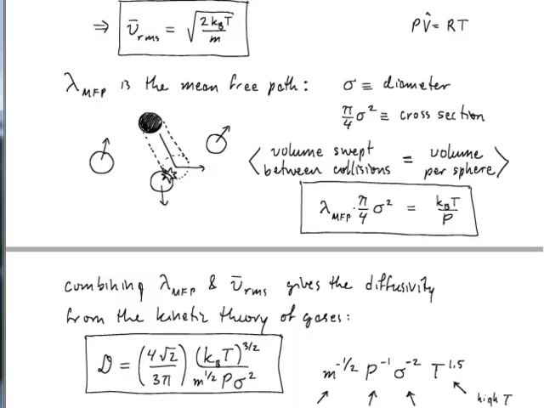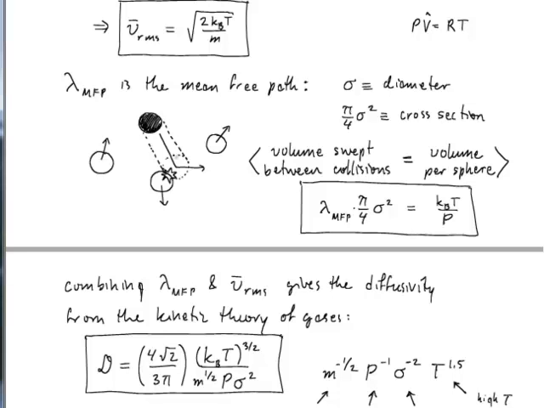That's a little bit more difficult to derive, but you can imagine how the calculation would go. You think about the cross-sectional area of the particle, and the rate at which it's traveling is this root mean squared velocity, and as it moves through space, there can be nothing in this little cylinder that it traces out, or it's going to have a collision.